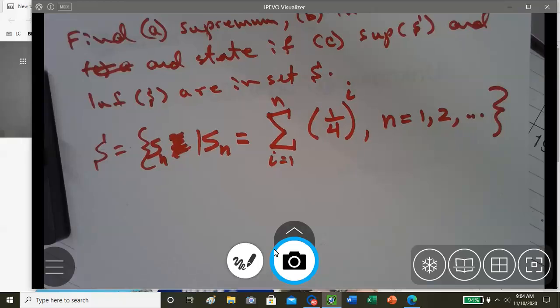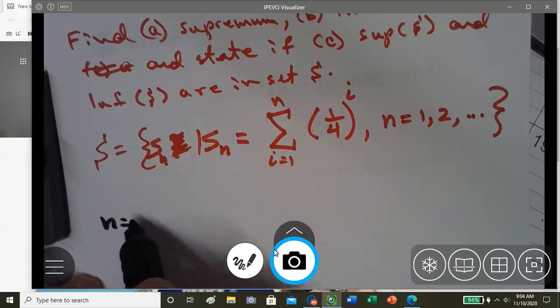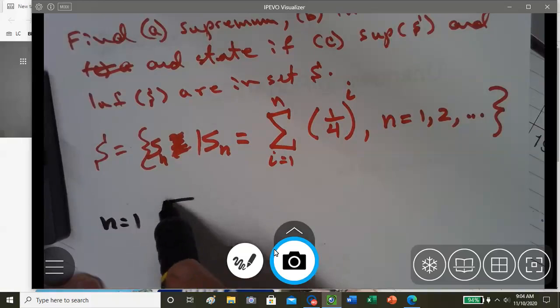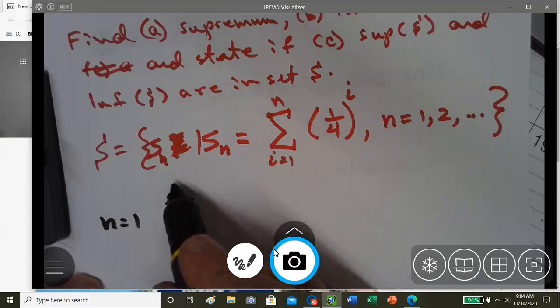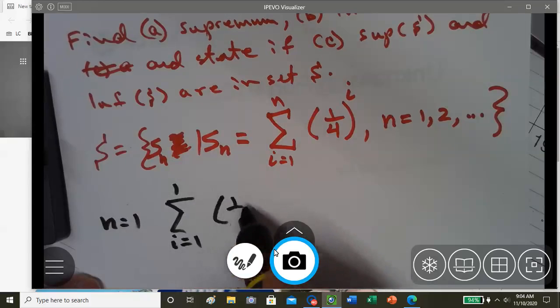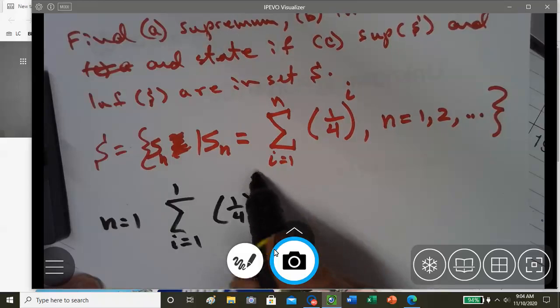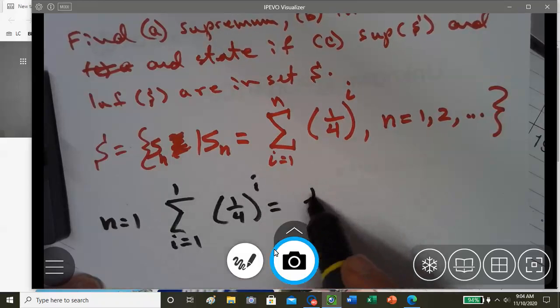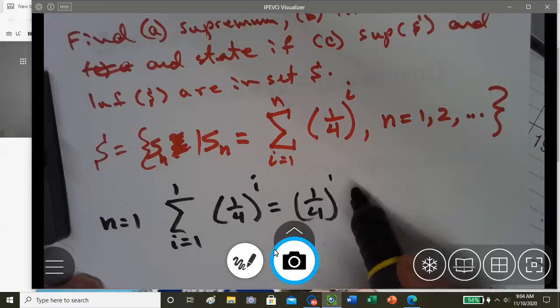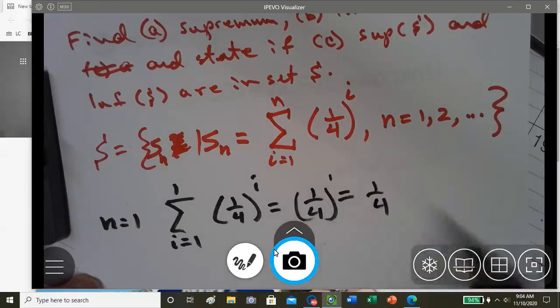So if we started with n equal 1, then that would be the sum of i from 1 to 1 of 1/4 to the i power. So that'll just be 1/4 to the first, and so that's just 1/4.